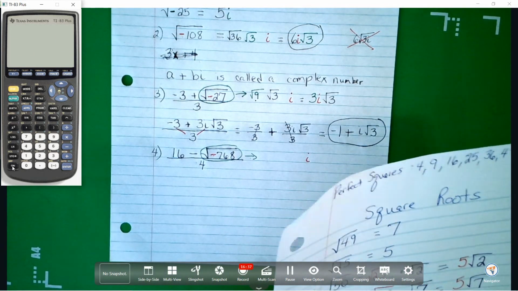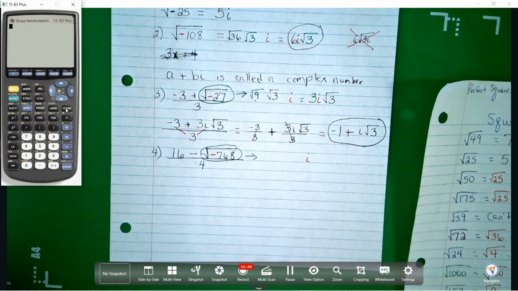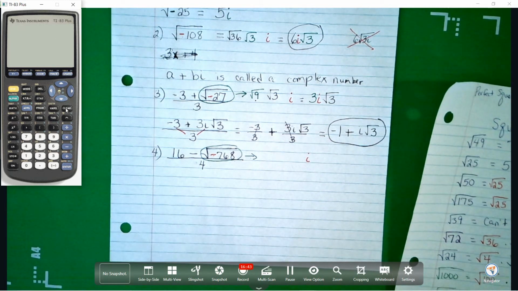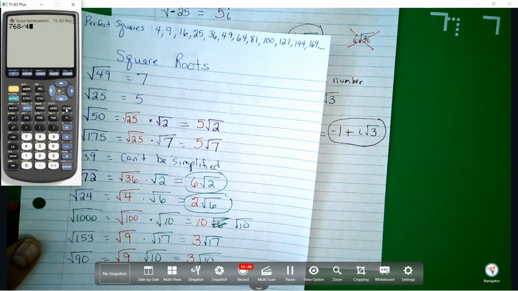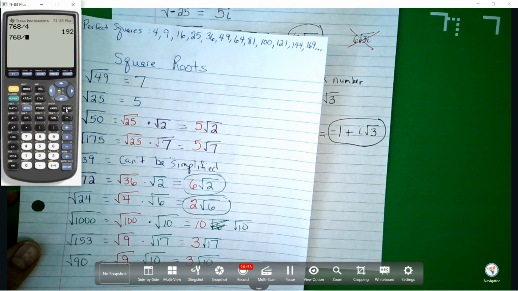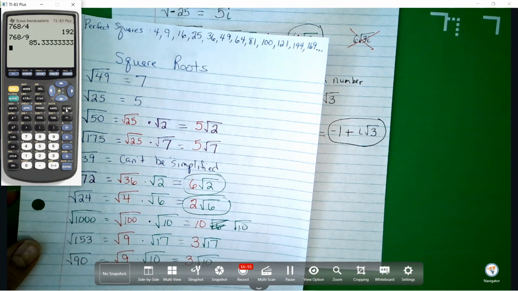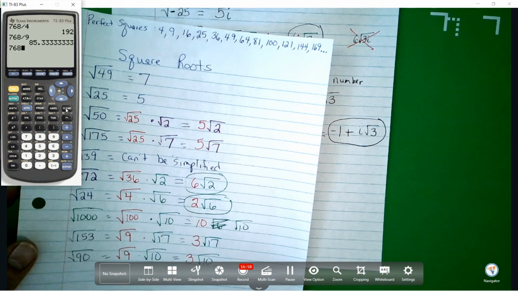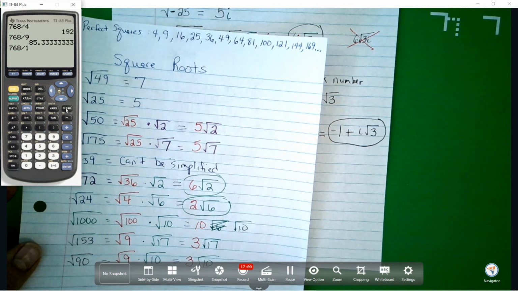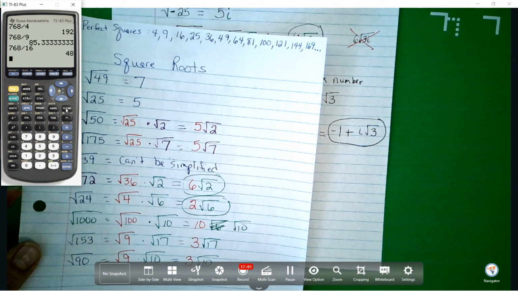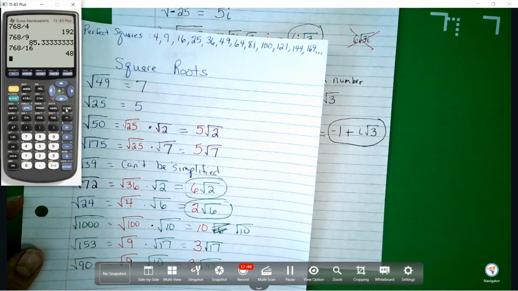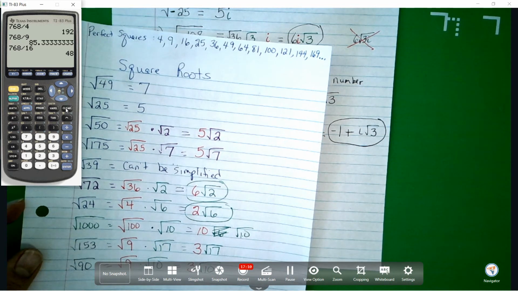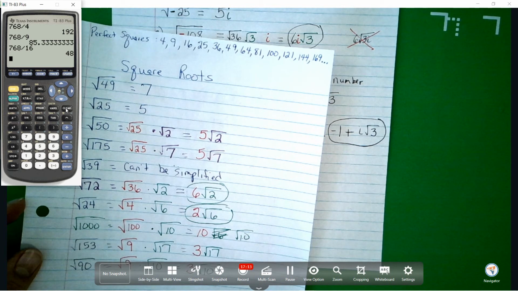Turn this on. Oh, let me clear that. Let's see. 768 divided by 4. Does 4 divide into it? Yeah. Is there anything bigger? 9 does not. Let's see. 16. Okay, 25 doesn't. 36, probably no, because 9 doesn't divide into it.